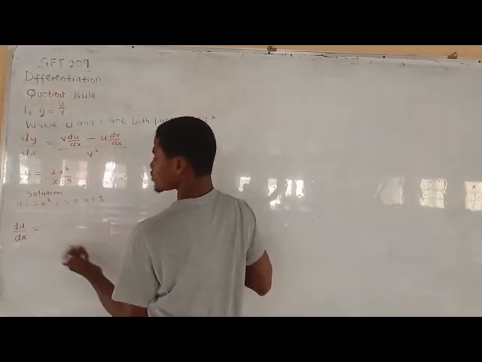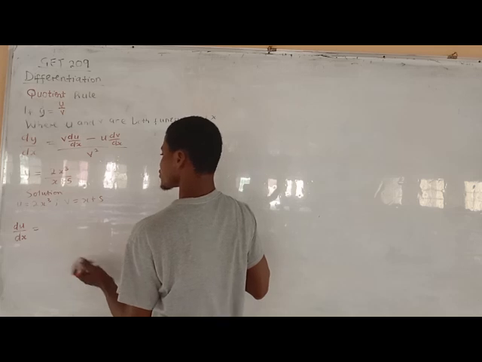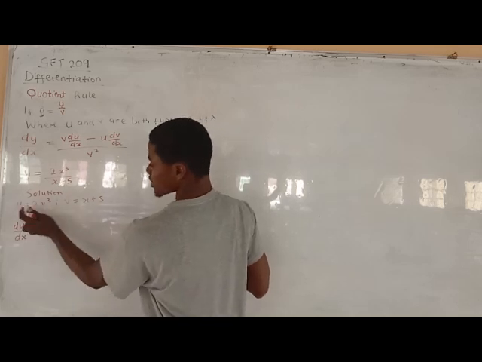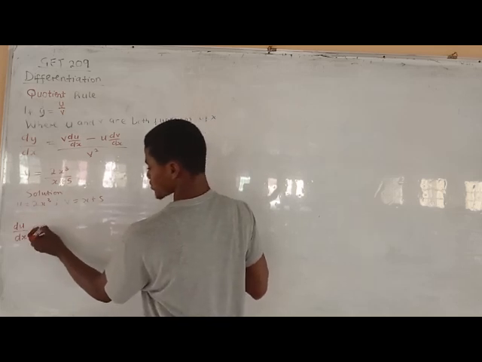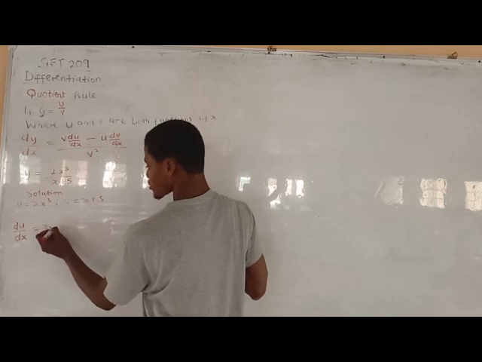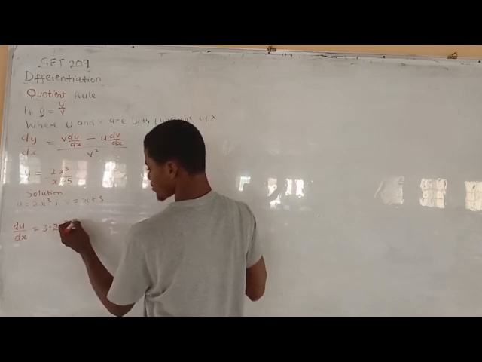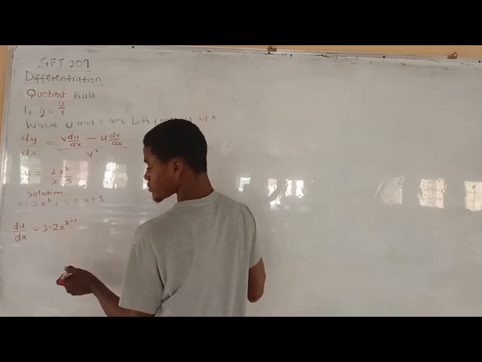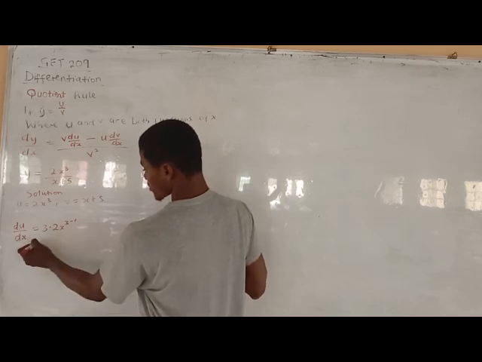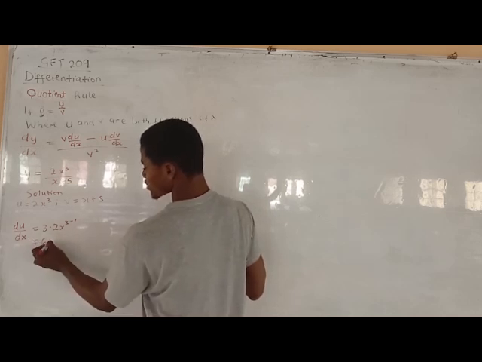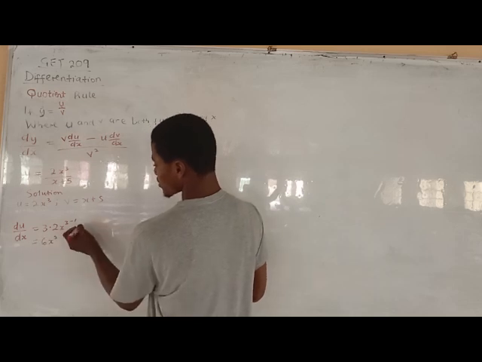So du over dx equals what? You take 3 down, put your multiplication, you put your 2x to the power 3 minus 1. That equals what? 6x squared.